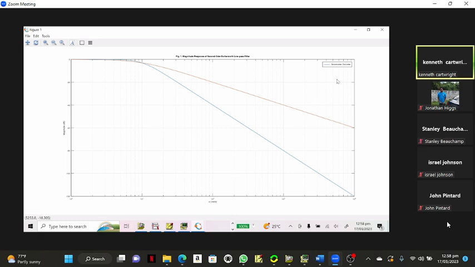Okay, now this is not behaving properly. That legend is not behaving properly. It's supposed to show the blue as second order, and it's supposed to show the red as first order, and it's not doing that. Okay. I never noticed that before.